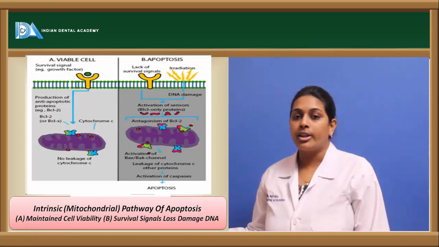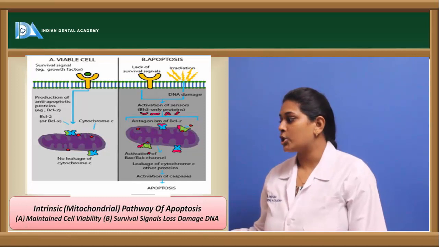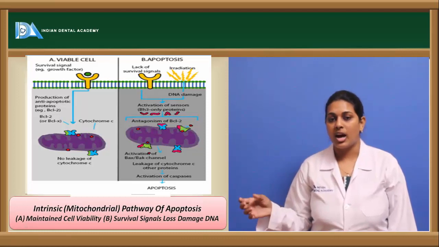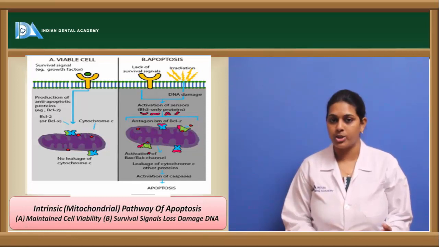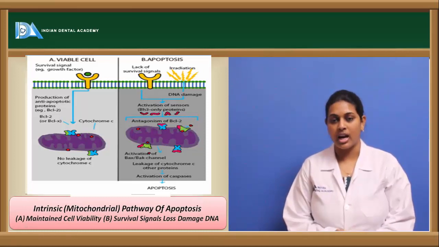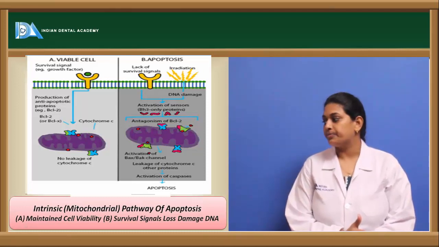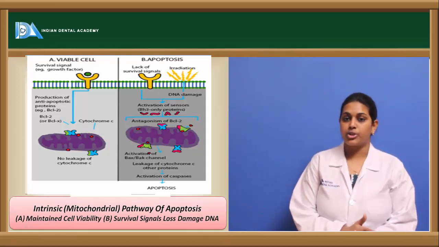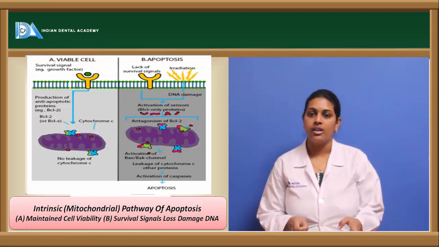For the promotion of apoptosis, that is to initiate the process of apoptosis, there should be activation of this Bax channel. This Bax channel, as explained, is a channel which protects the membrane permeability of the mitochondria. That is, it closes the pores which are not necessary when not needed. But still, this gets activated because of the radiation and because of the BH3 proteins, and thereby once this is activated, the pores in the mitochondria get opened.